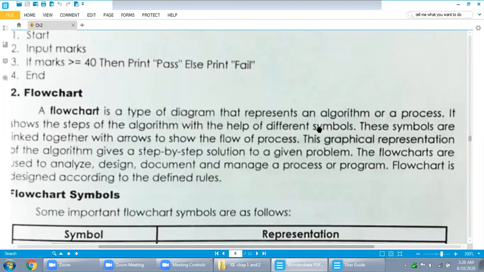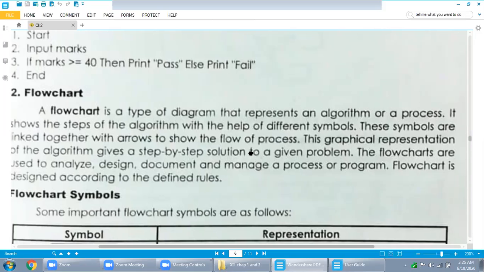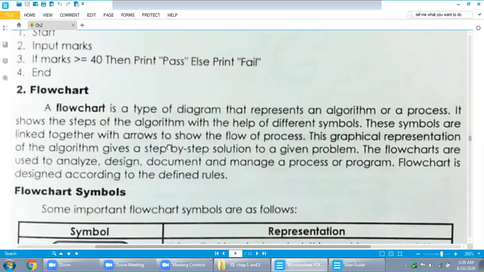With the help of different symbols in the flowchart, we will solve an algorithm or a problem. These symbols are linked together with arrows. I will show you how these symbols are linked together with the arrows to show the flow of process. So this arrow is called flow of process.